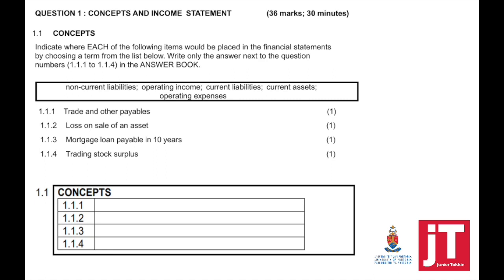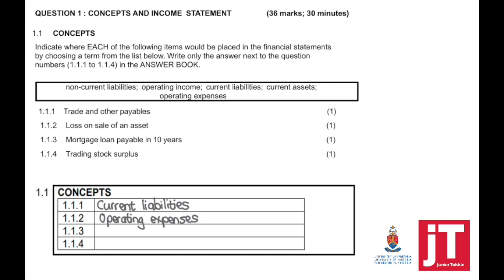If we look at 1.1.1, trade and other payables. Trade and other payables forms part of your current liabilities. This will be your note number 9 in your balance sheet or statement of financial position. Loss on sale of an asset is an expense, so it will appear in your income statement as operating expenses.